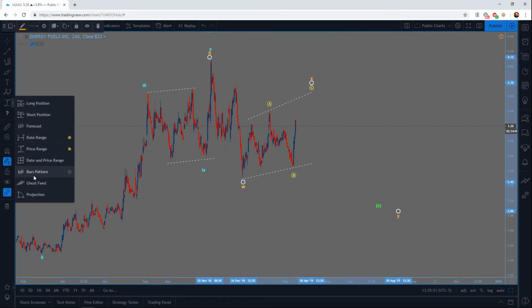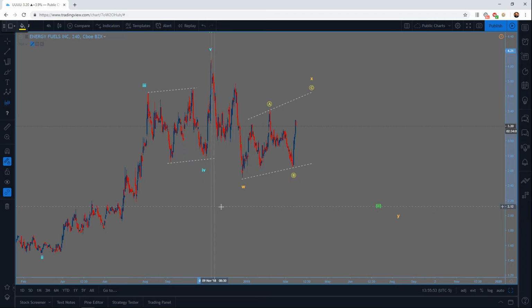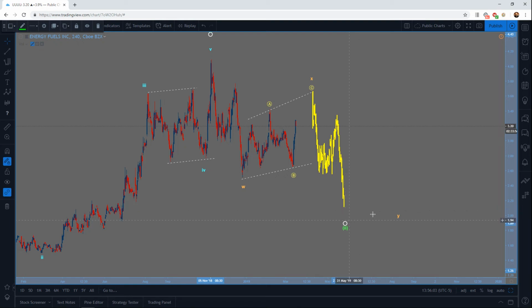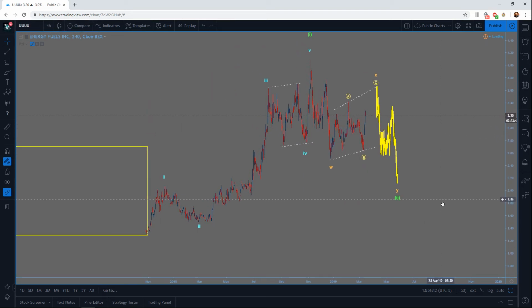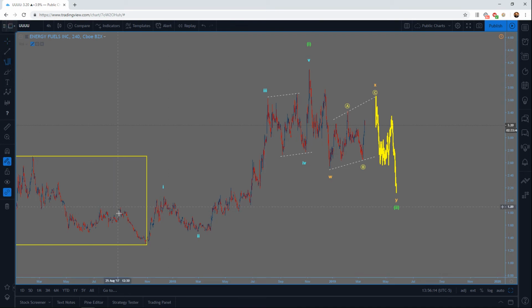We can actually take a bars pattern right here of this W move, and that's what we'd be expecting from the top here. Something similar in time, size, etc. Let's zoom out one more time and measure the time that passed for this wave 1.